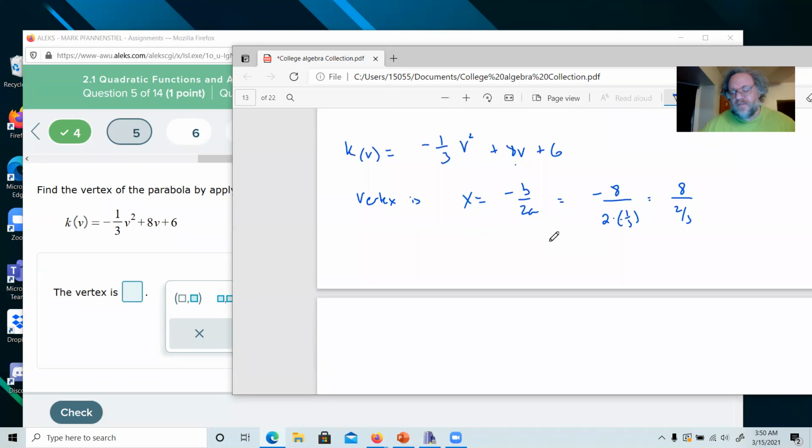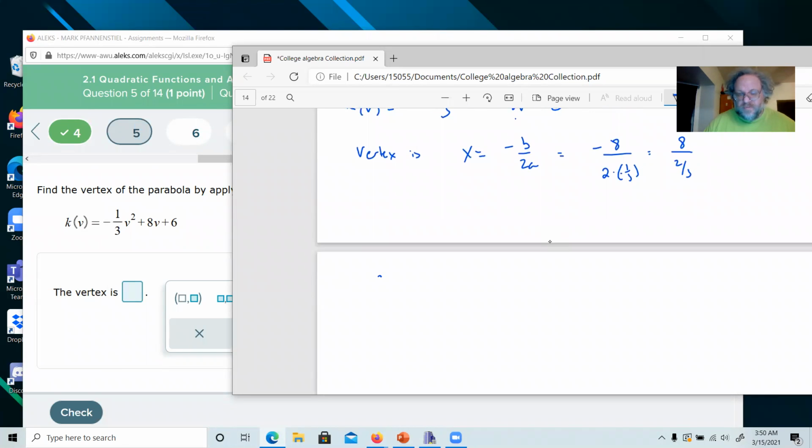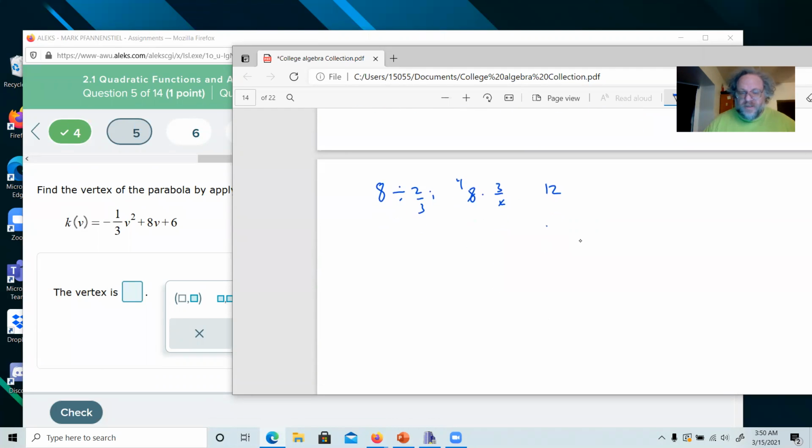Now this might be a bit of a problem. Really what we have here is 8 divided by 2/3. And if you remember your rules for fractions, we multiply by 3/2. 4 times 3 is 12. The other way to do this is to realize that in 8 over 2/3, this is the heavy line, the real fraction part.